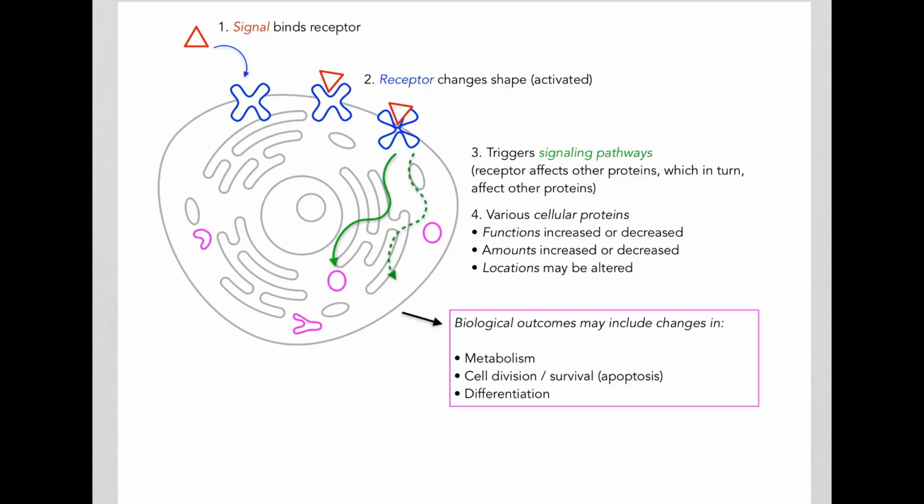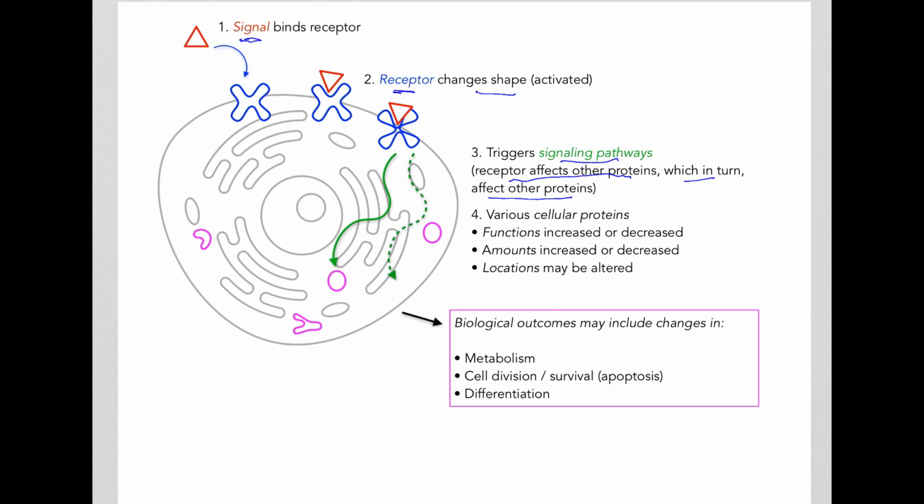Just a quick recap, in cell signaling, the signal binds a receptor, and when the signal binds the receptor changes shape, and when it changes shape, that triggers a signaling pathway where the receptor will affect other proteins, which in turn will affect even more proteins in the cell.